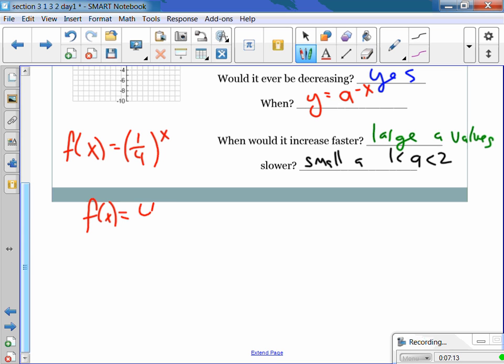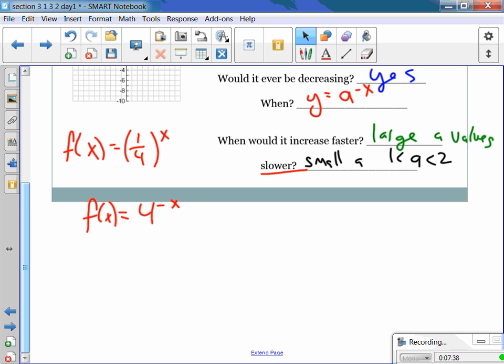So this just gives me f of x equals 4 to the x reflected about the y-axis. So it's definitely not going to be increasing at a slow pace. That's why when we ask when is it actually slower, the slow one is for when a is between 1 and 2. Okay, make sense, folks?